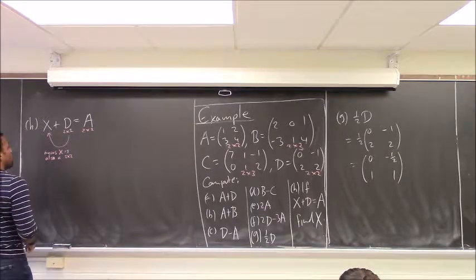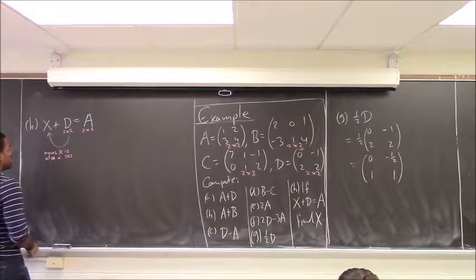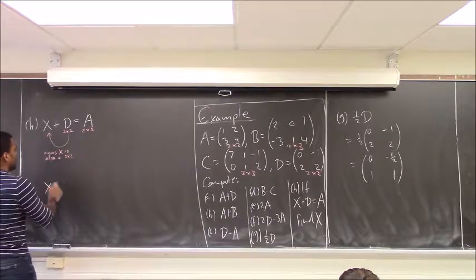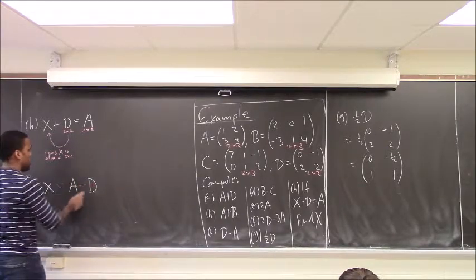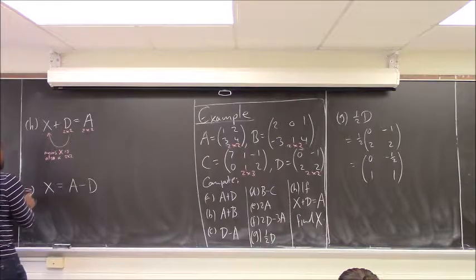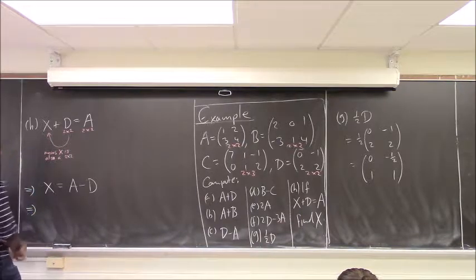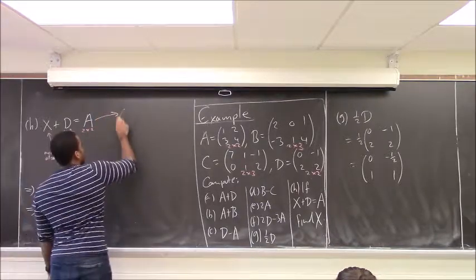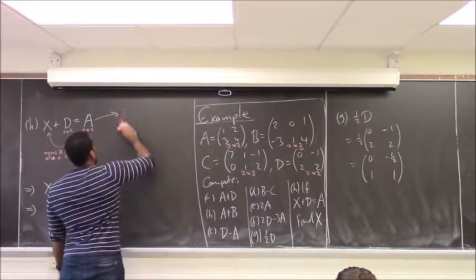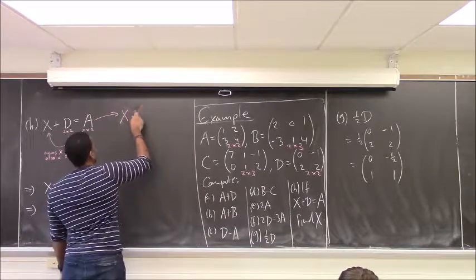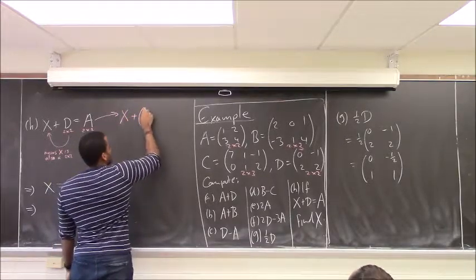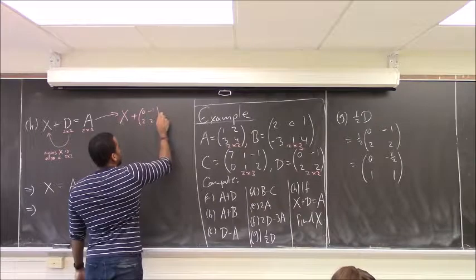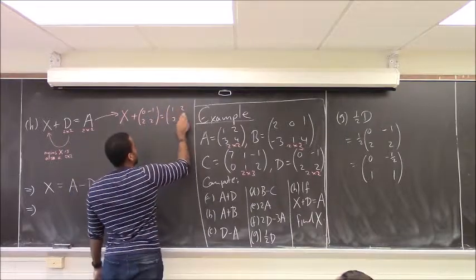Now, what we can do here to solve for x is subtract d from both sides. Why I'm allowed to do that is because I can write x plus 0 minus 1, 2, 2 equals 1, 2, 3, 4.